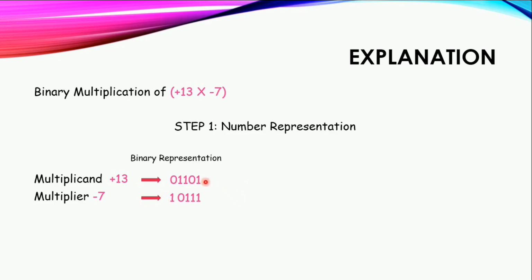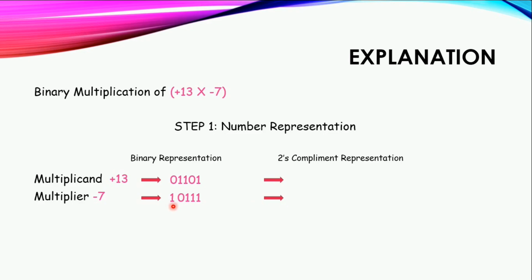Now I have to represent both numbers in 2's complement format. For a positive number, the same number itself is the 2's complement format. For converting a negative number into a 2's complement format, we take the 2's complement of the number alone, not the sign bit.